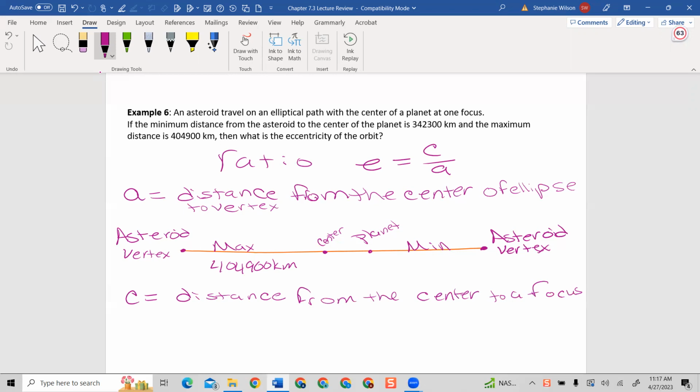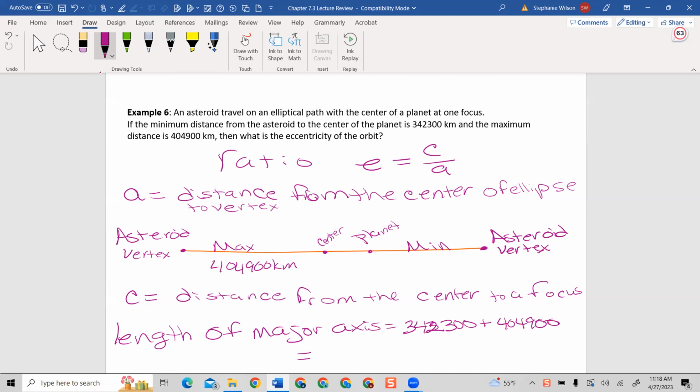So again, we're going to say the length of the major axis is the sum of these, and that's going to give me the major axis.